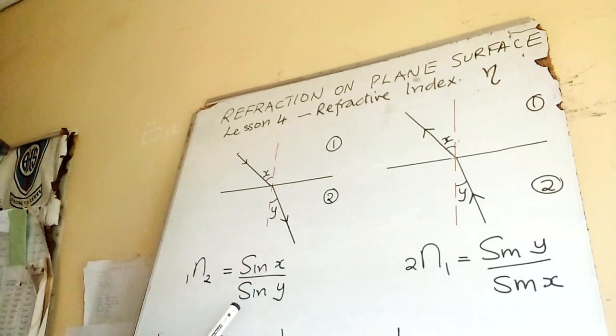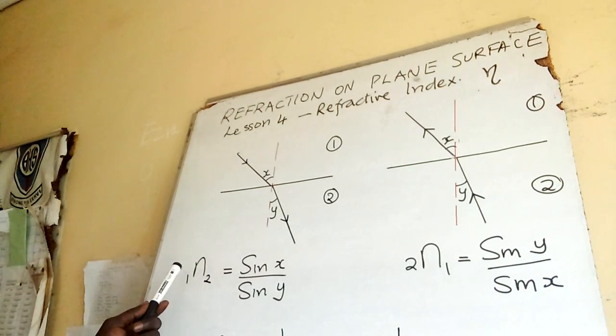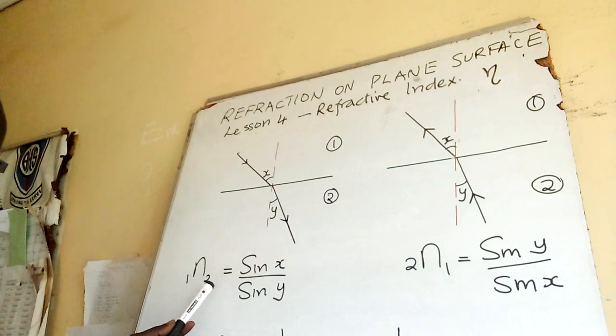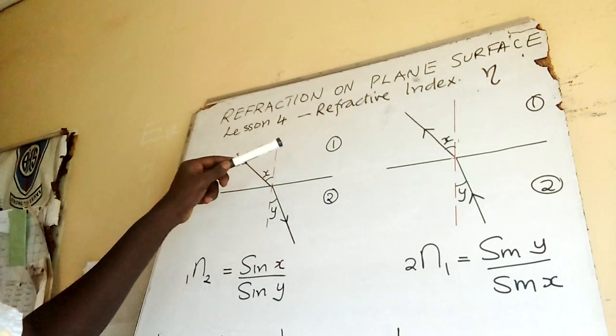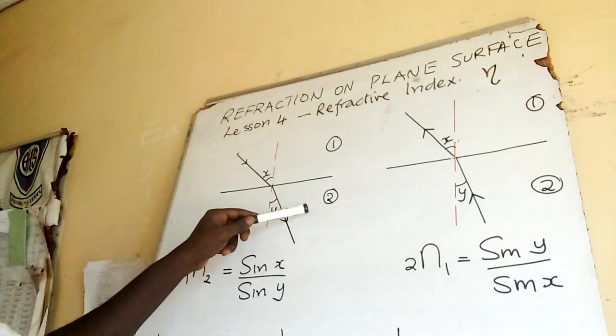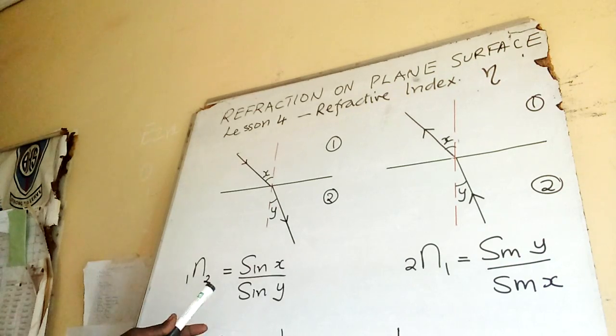So this is what will give me refractive index of glass with respect to air, or of water with respect to air. Number 1 is where the ray is coming from, number 2 is where it is going. So this would be our expression for refractive index.